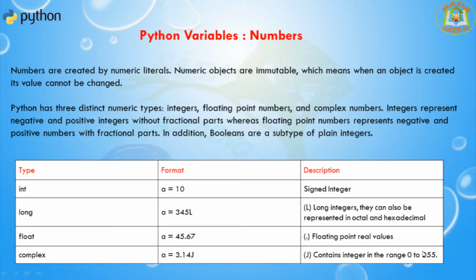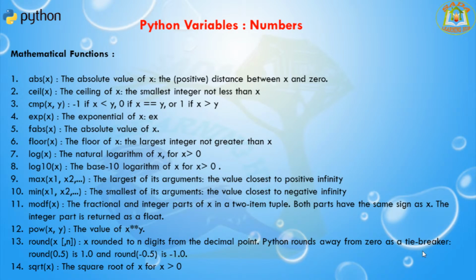Finally, numbers are created by numeric literals, and numeric objects are immutable, meaning they cannot be changed. For numbers, many different functions are available. These are the mathematical functions: abs is the absolute value of a number, ceil is the ceiling of the number, cmp is the comparison of numbers, exp is the exponential of the number, fabs is the absolute value of the number, floor is the floor of a value, and log is the natural logarithm.